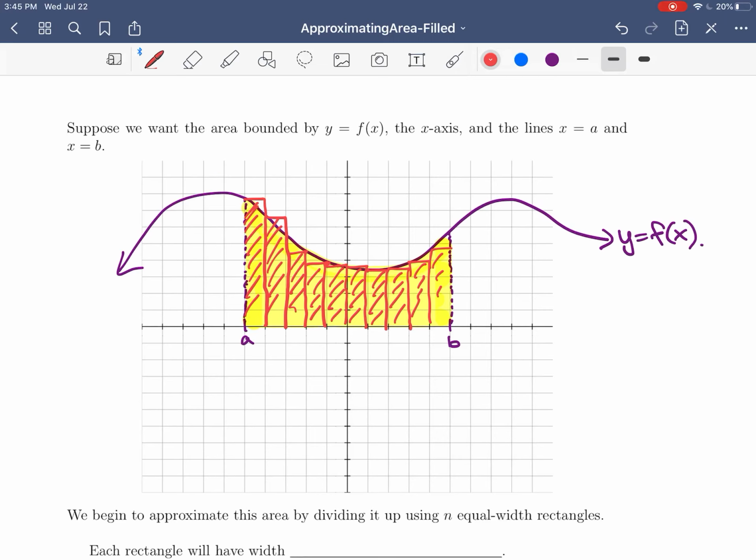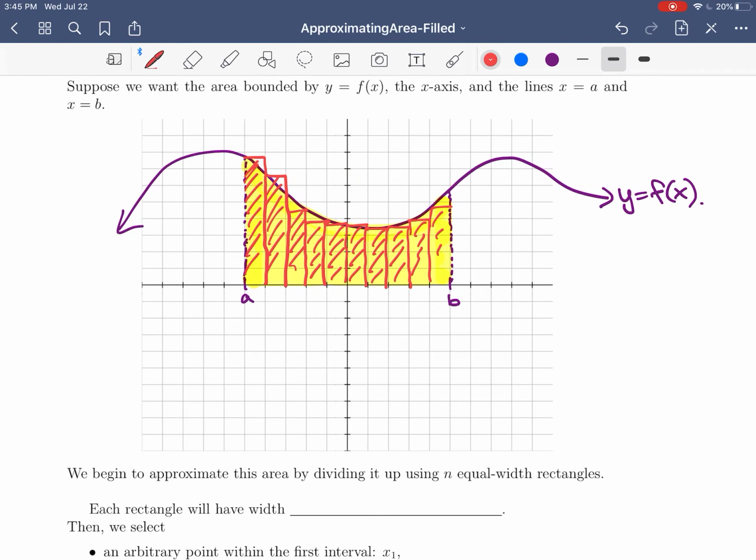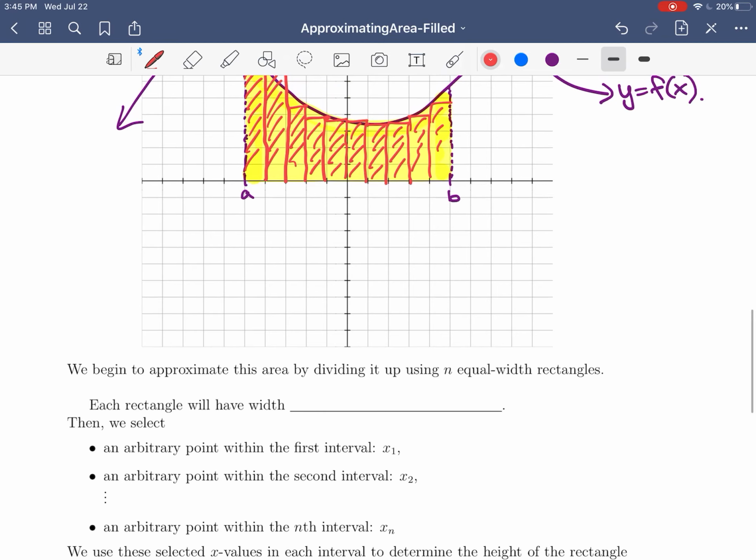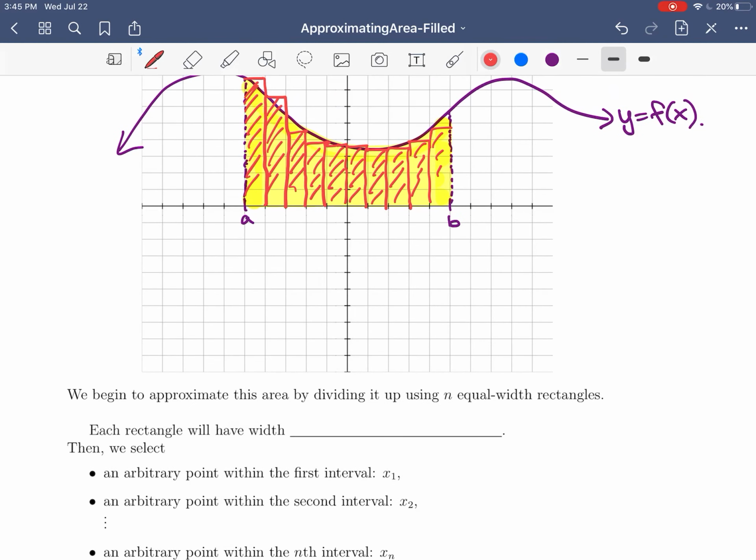Now, obviously, if you use the same endpoint or the same x value in each interval to approximate, then it's easier to generalize. Okay, but if we do this, each rectangle is going to have width, so it's going to be this width, which happens to be b minus a, divided into n parts.